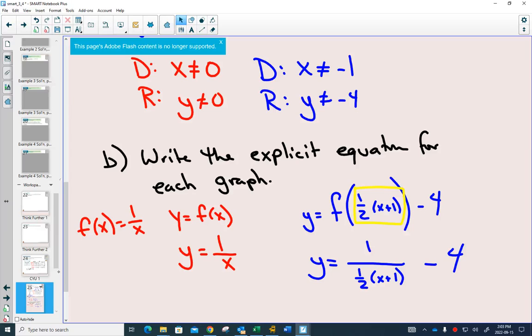If it said, can you graph this, your head would have to say, hey, this looks like a 1 over x graph with the x replaced with this and a minus 4 outside afterwards. Some students, when they see this, like to change it back to function notation, because it's easier to see all the stretches and compressions in function notation than it is sometimes in the explicit notation. So I'm just giving you opportunity to see both of those.